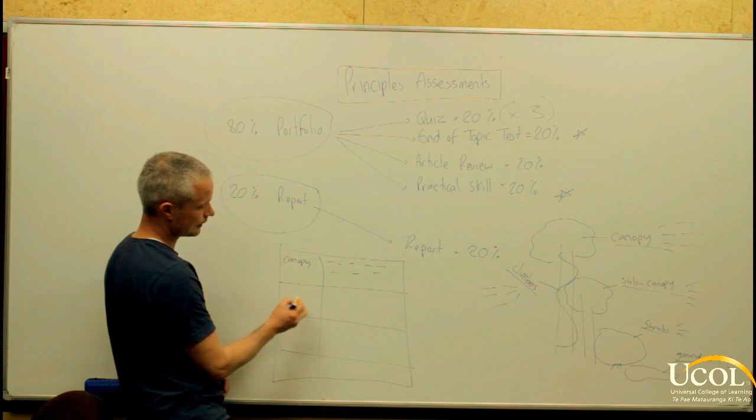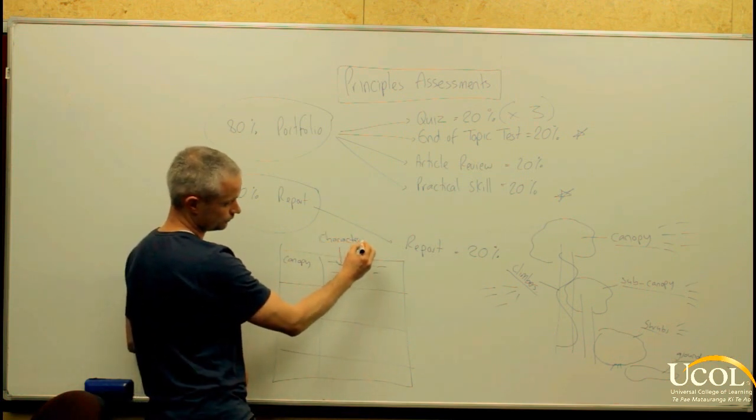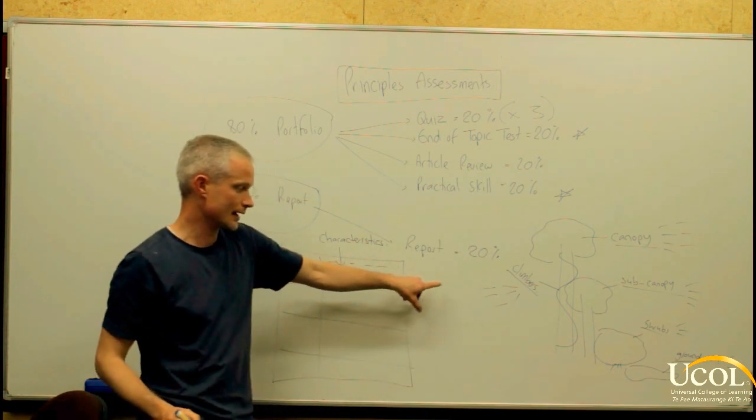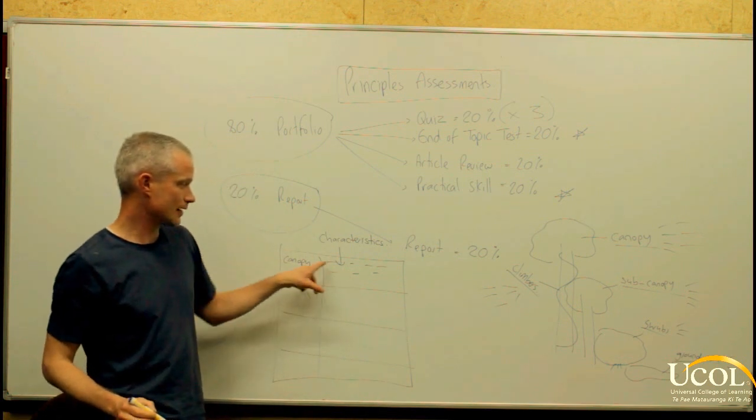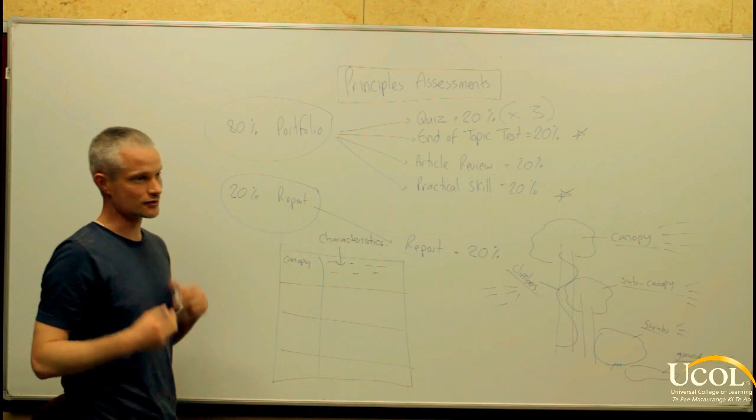So you might have some notes on the canopy and the sub-canopy, and what you're trying to note here is the characteristics of those plants. So you've noted what they are, and you've got some characteristics of the plant, and then you've got a framework of how you can design an orchard.